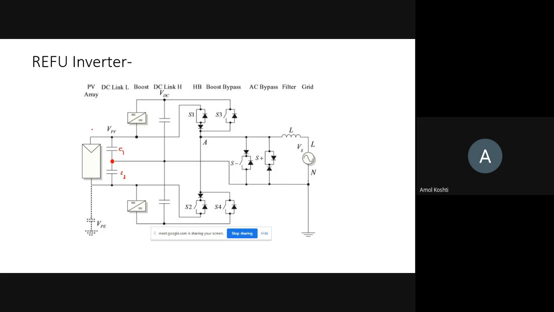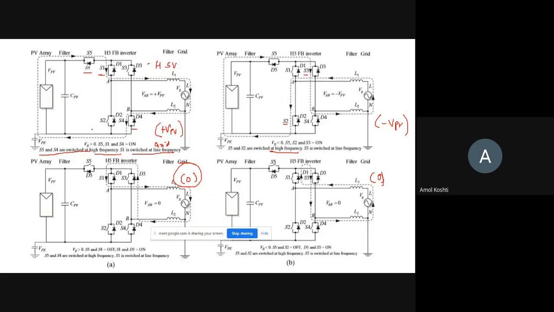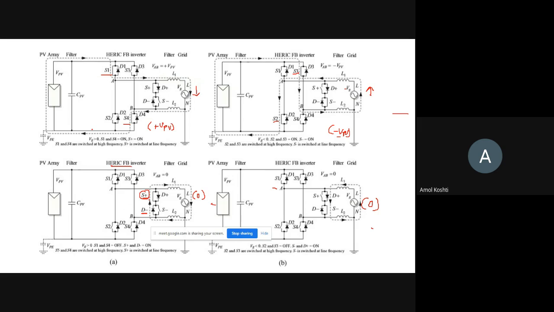Then the modifications of the basic full bridge inverter topologies, which is named H5, manufactured by the SMA company, and then the Herrick inverter, which is manufactured by the Sunways company. We also understood their switching. Tomorrow we'll see the neutral point clamping topologies and their switching. So for today, we stop here.